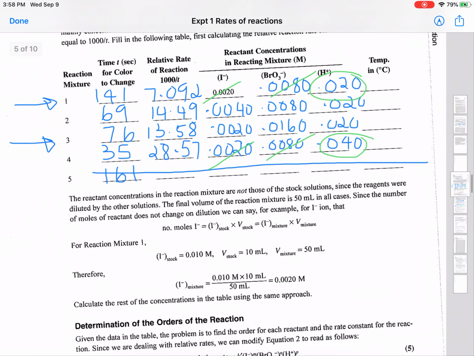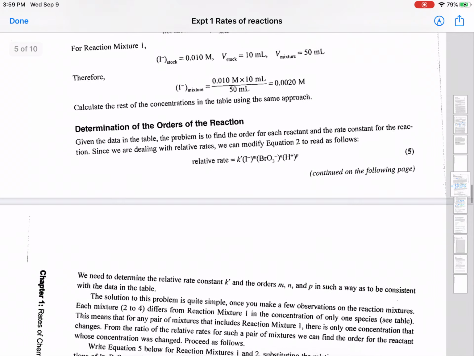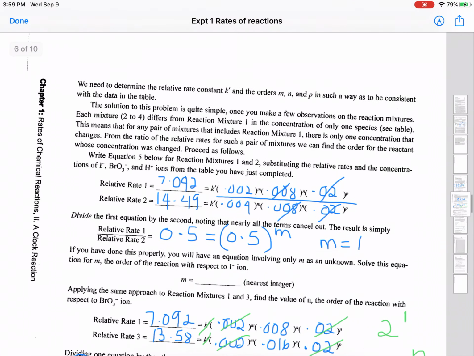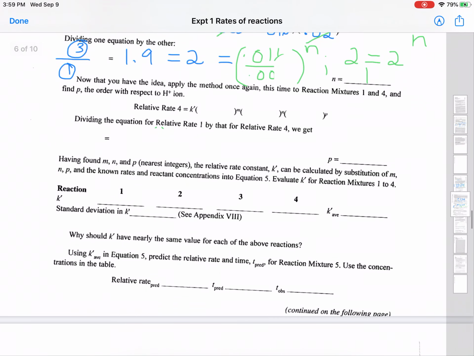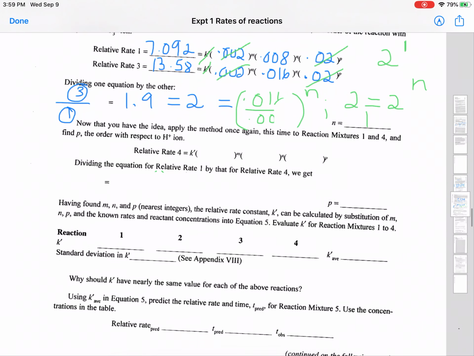Now that we know the orders, we also know the concentrations and the relative rate for reaction 1. We can plug these numbers and the orders into equation 5 and find K prime. I will show you how to do that for the first one, but for the second, third and fourth reactions, you can do it yourself and find the average at the end.